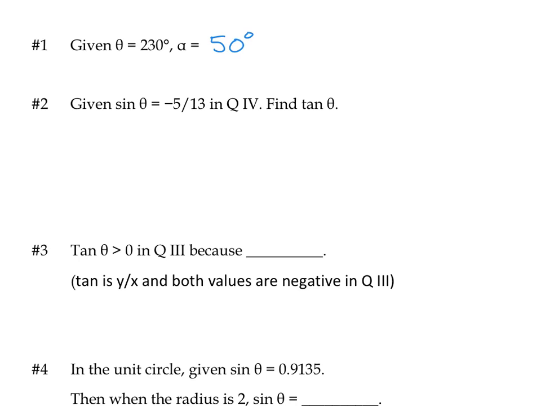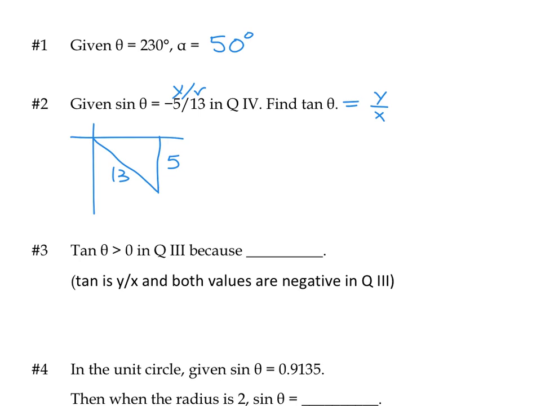For number two, given sine is negative 5/13 in quadrant 4, here's a quick sketch if it helps. Sine is y over r, so our y value is 5 and r is 13. We need an x value to find tangent, because tangent is y over x.